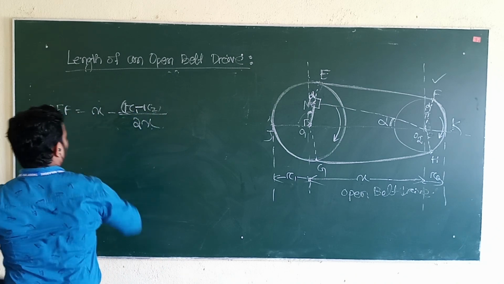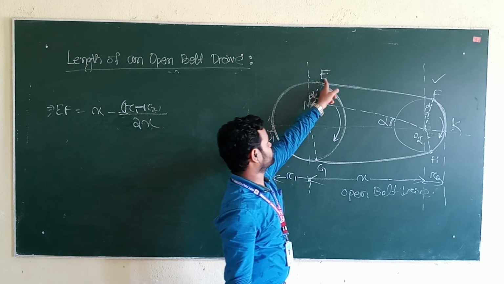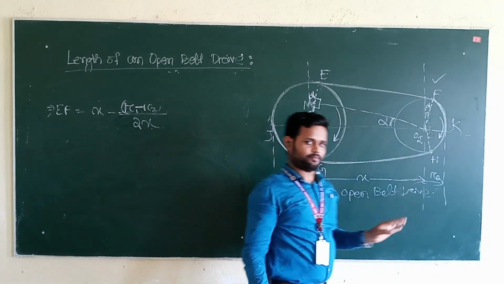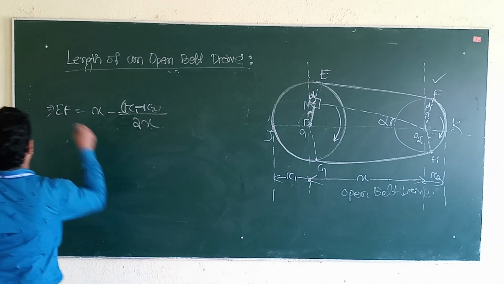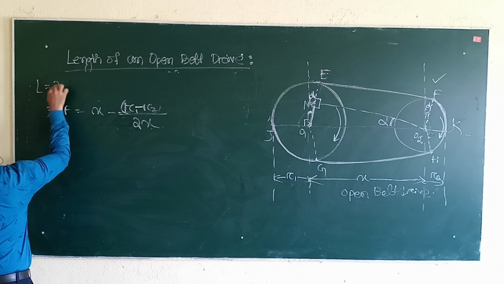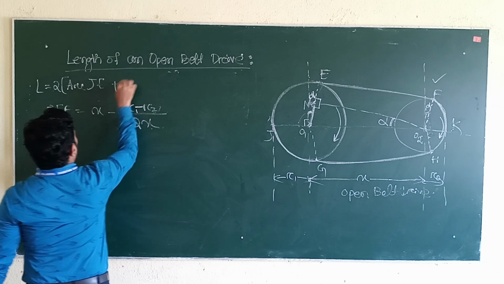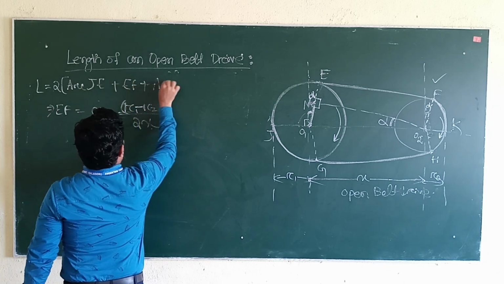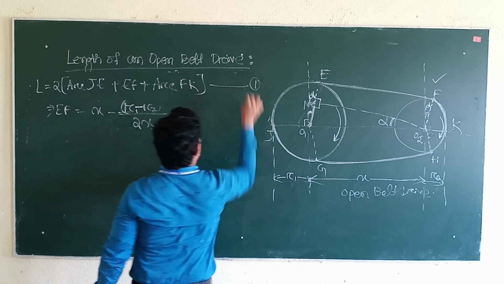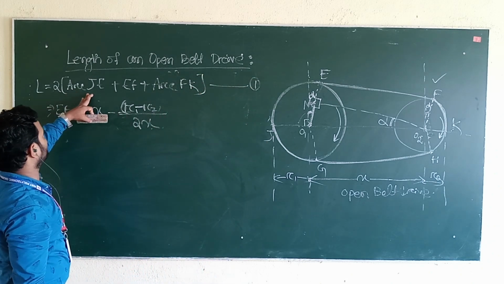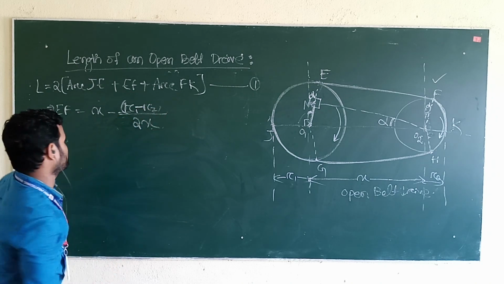L equals 2 into RJE plus EF plus RFK. This one is your equation 1. We will put the values of RJE, EF and RFK in equation 1 and see what will be there.